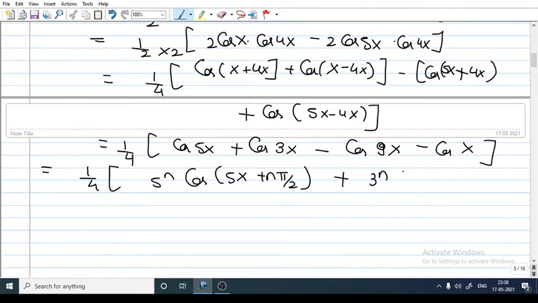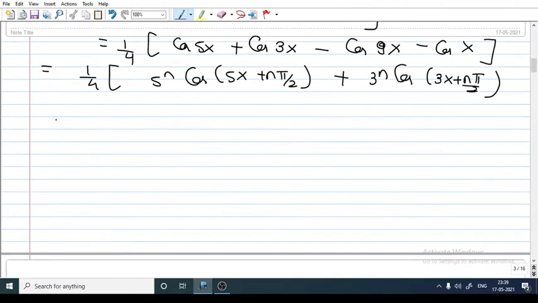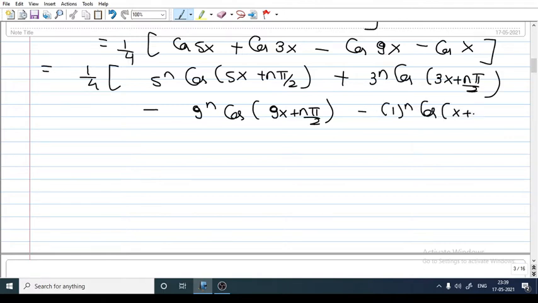Second, 3 power n cos 3x plus n pi by 2. After this we will write minus 9 power n cos 9x plus n pi by 2, minus 1 power n, which we don't write usually, cos x plus n pi by 2. So this is our answer.